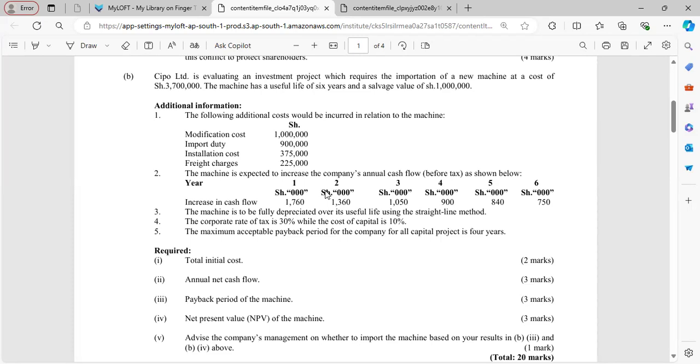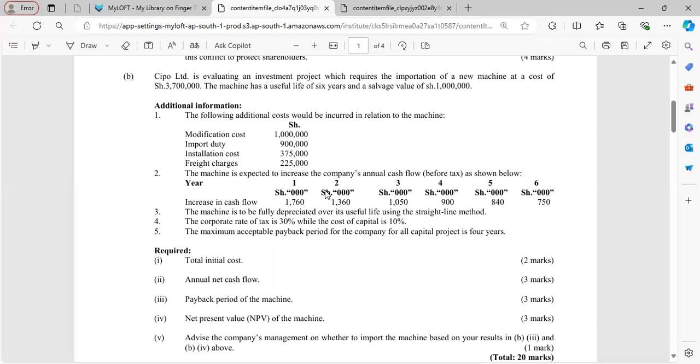Note 1, the following additional costs will be incurred in relation to the machine. Modification cost, 1 million. Import duty, 900,000. Installation cost, 375,000. Freight charges, 225,000.